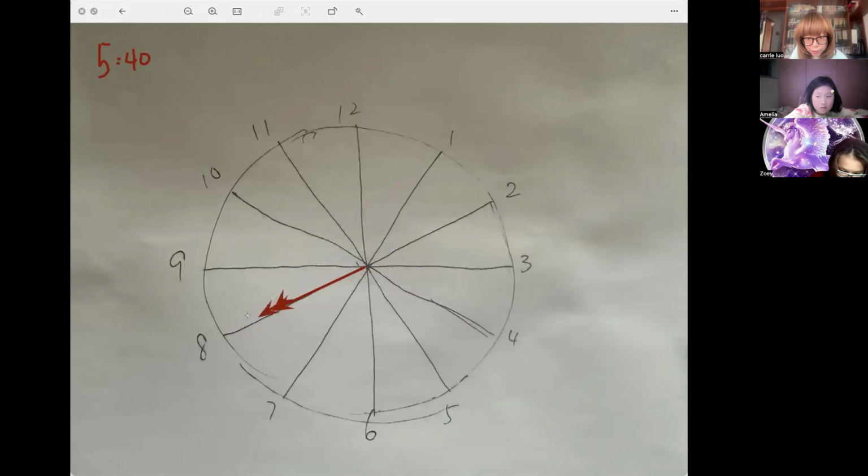Right, so 40. So here is 5 o'clock. 5:20, 5:30, 5:40. So this one should be 30 plus 30 plus 10. So the answer is 70 degrees.